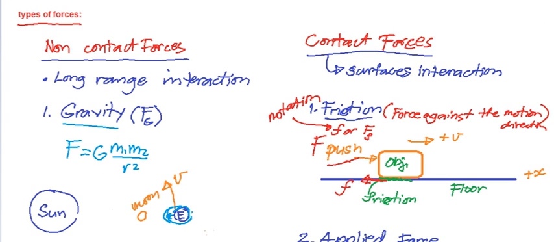Contact forces are forces that have contact or surface interaction, while non-contact forces are long-range interaction between objects. As examples of non-contact forces, we have gravity and electromagnetic force.